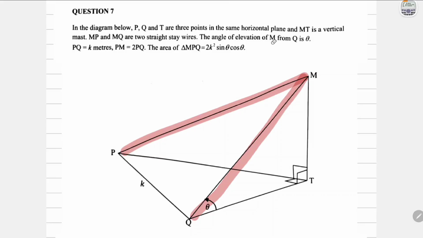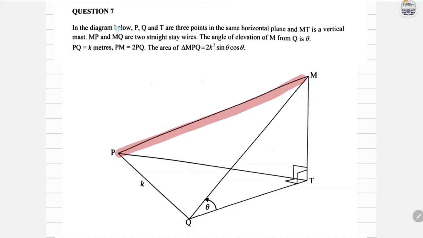And then the angle of elevation of M from Q is theta. So that's the angle they're measuring over there. Lastly, PQ is equal to K meters and PM is equal to 2 times PQ. Okay, so that's simple.